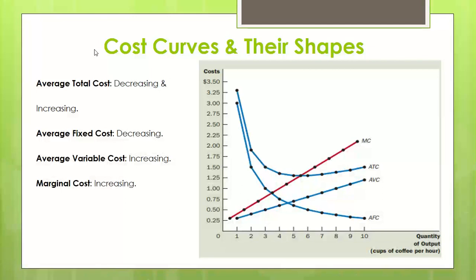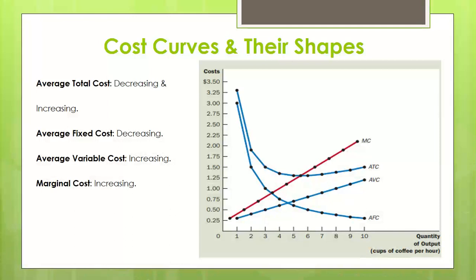Now here come cost curves and their shapes. In this graph we have different costs: marginal cost, average total cost, average variable cost, and average fixed cost. All these curves are obtained by graphing all the data in the previous table.